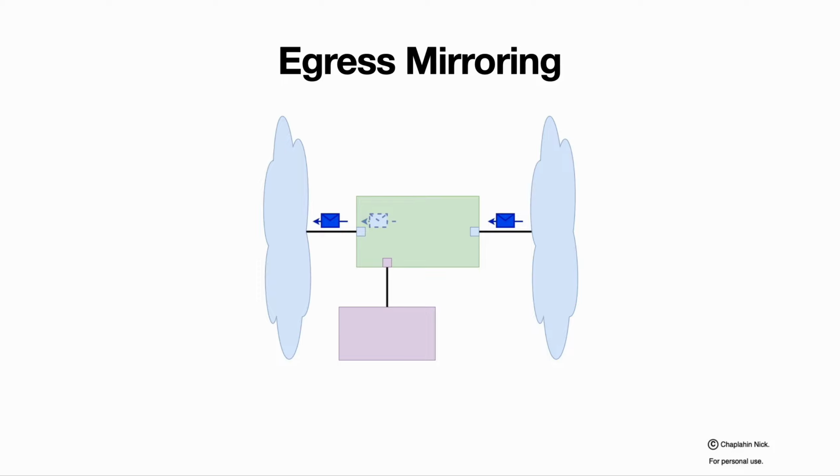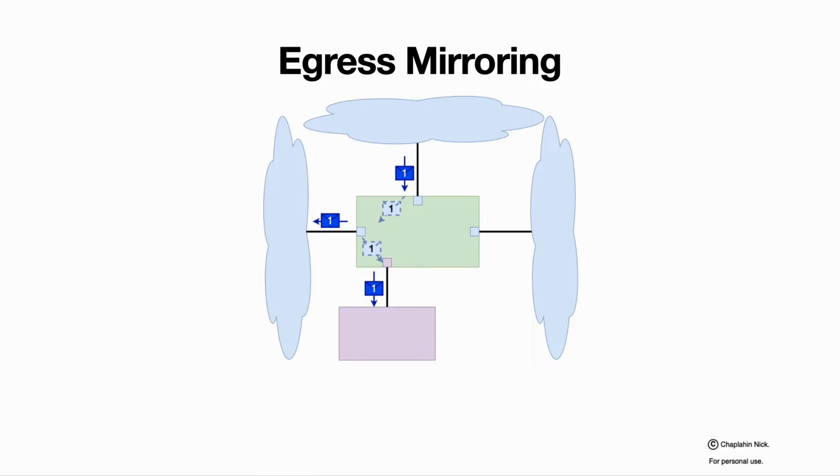Egress mirroring is pretty similar. We are copying only frames that are destined to egress our system from the port or interface that we define as a source for the mirroring session. Then those copies are sent to the destination port for the mirroring session and sent out. It doesn't matter from which interfaces we received those frames, or whether they were generated by our system.